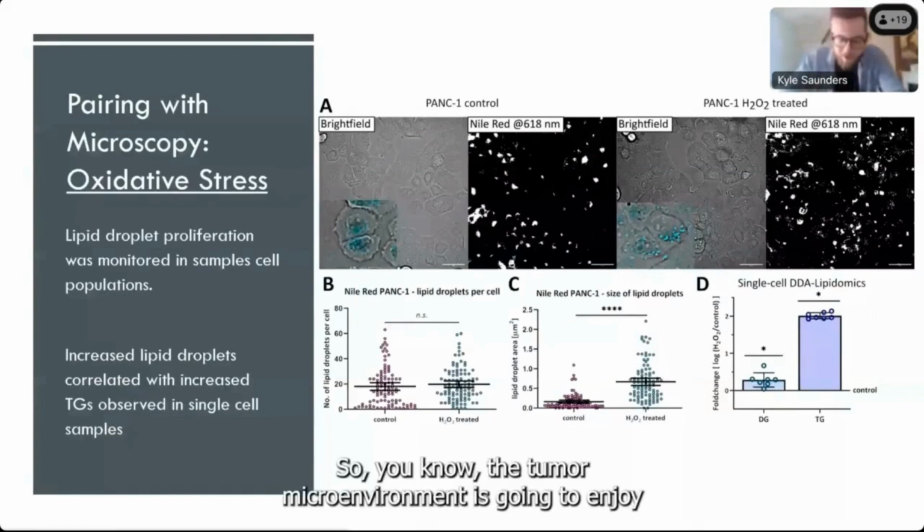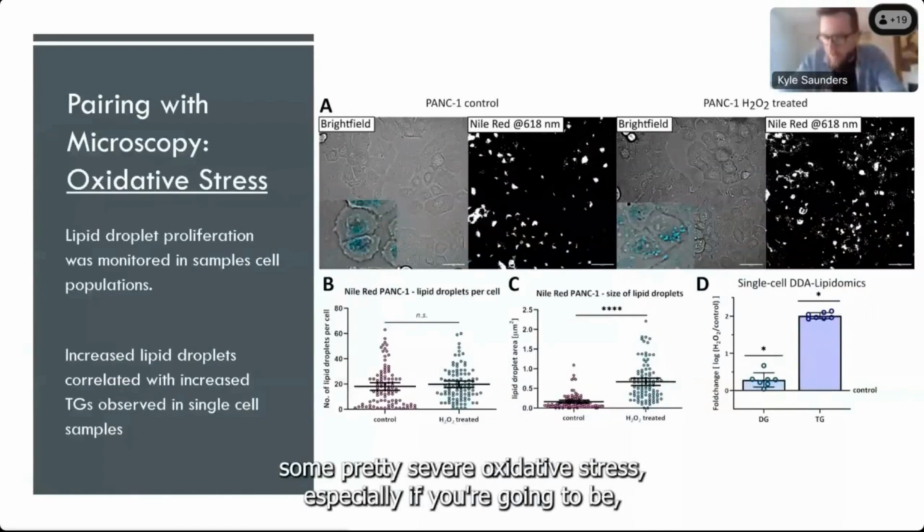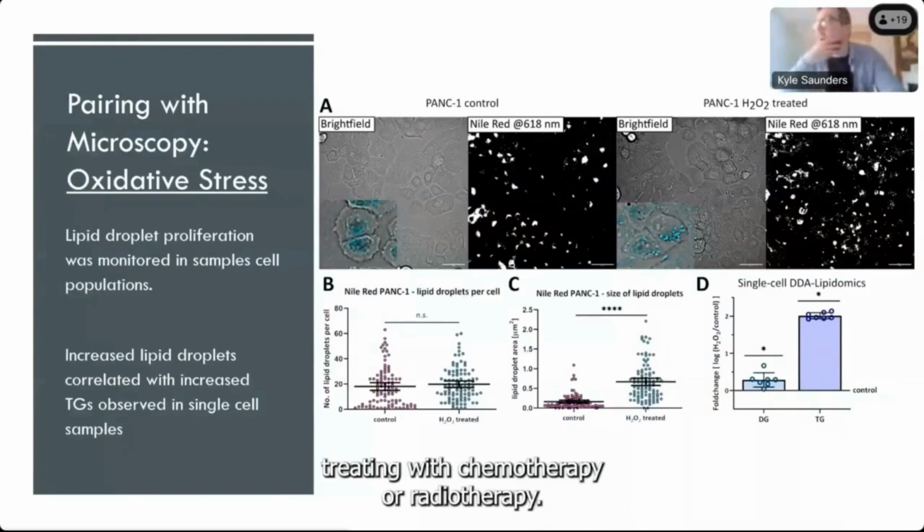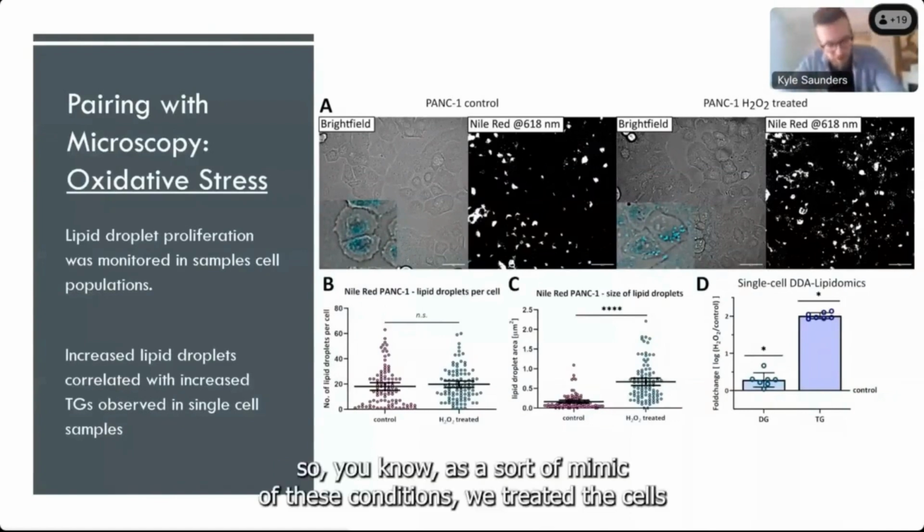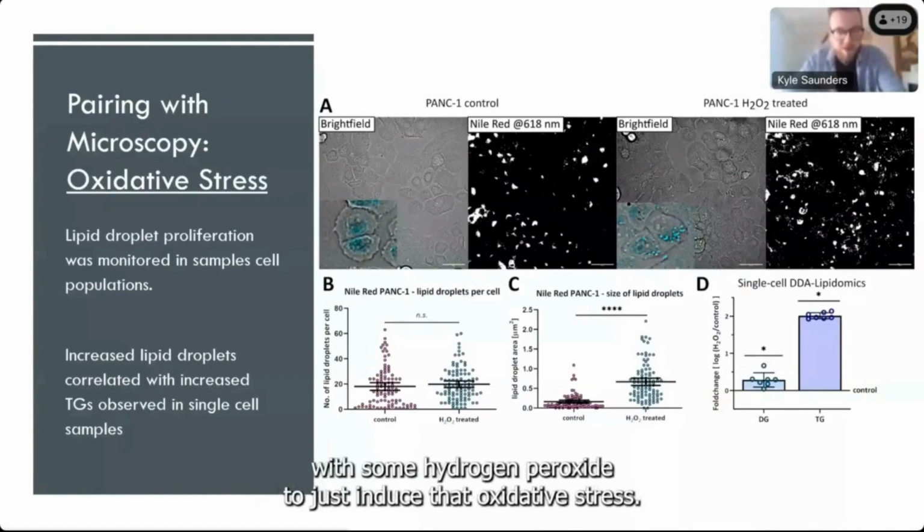So, the tumor microenvironment is going to endure some pretty severe oxidative stress, especially if you're treating with chemotherapy or radiotherapy. So, as a mimic of these conditions, we treated the cells with some hydrogen peroxide to induce that state of stress.